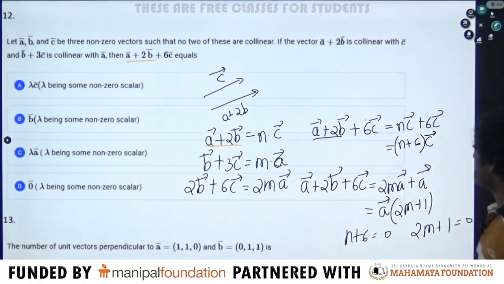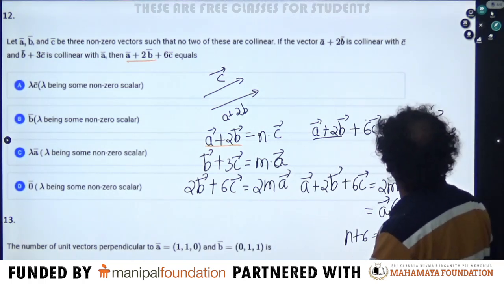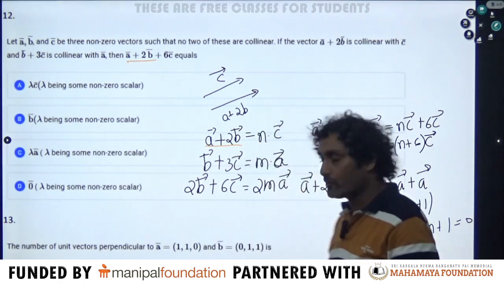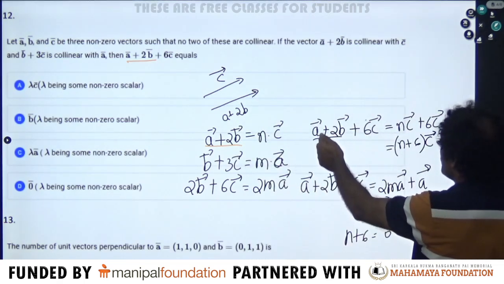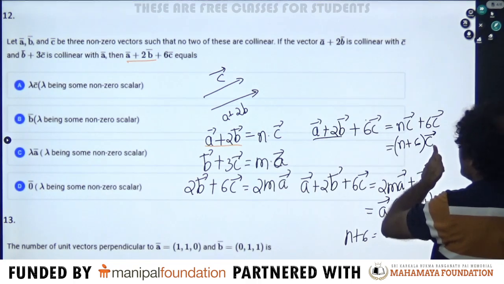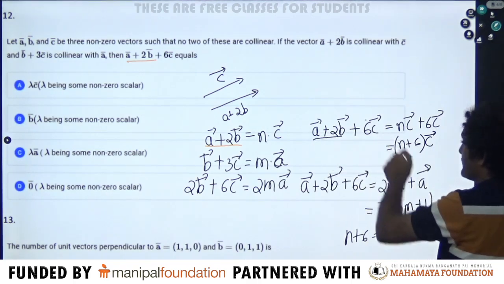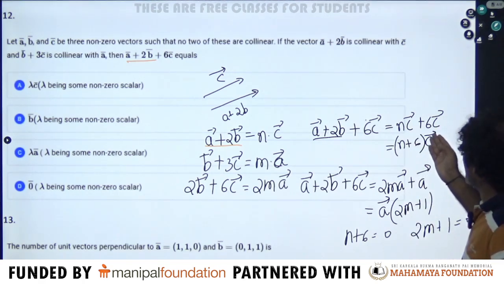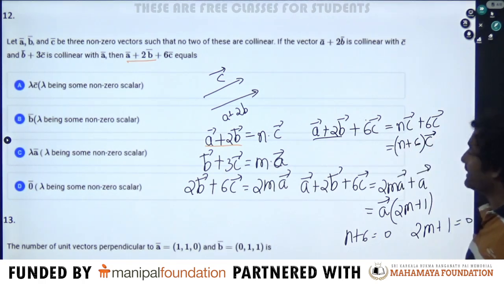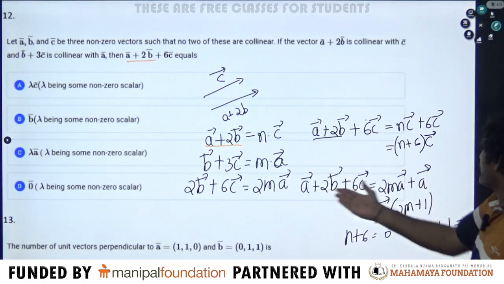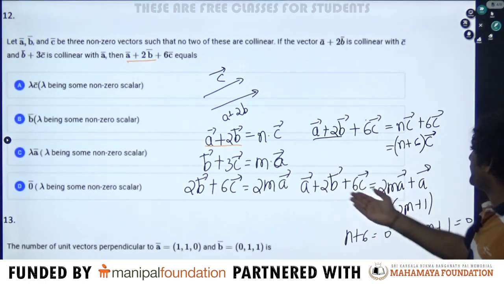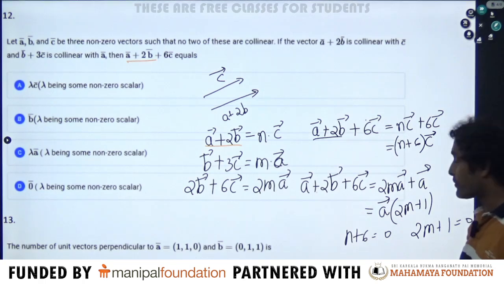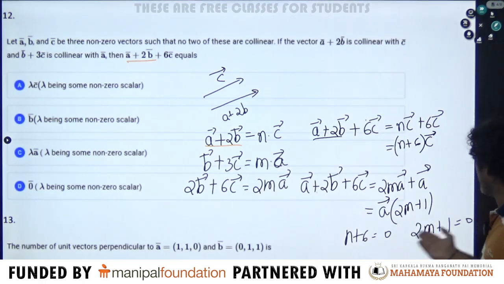Actually, why we are taking 0, I'll tell you the story. See, initially they say non-zero vectors such that no two of these are collinear. If you say this is collinear with that, it shows that these two are collinear, which is not possible. So the only chance is it can be equal to c vector into something provided n plus 6 is 0. Here it will be collinear with a vector only when this and this are the same, so these two would look collinear. So that's possible only when you show that 2m plus 1 is 0.